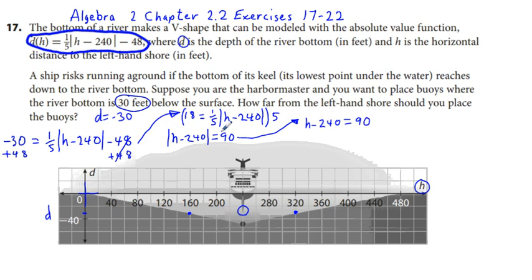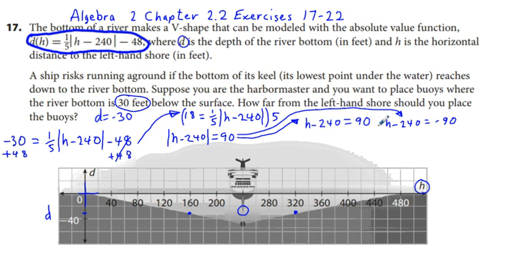And the other equation is going to be, I hope you know what it's going to be, H minus 240 equals negative 90.